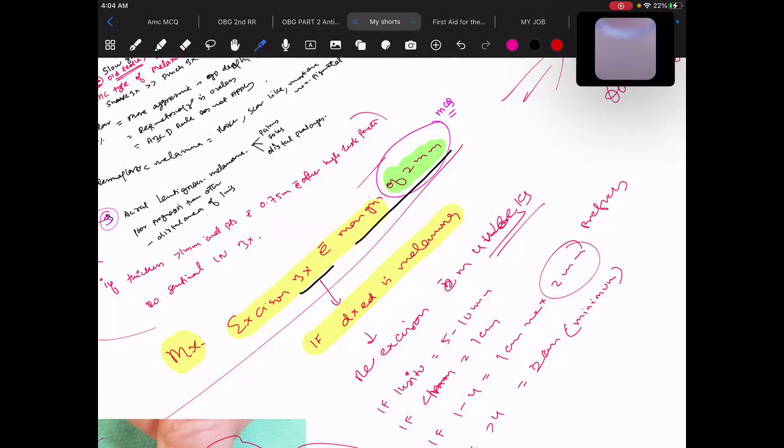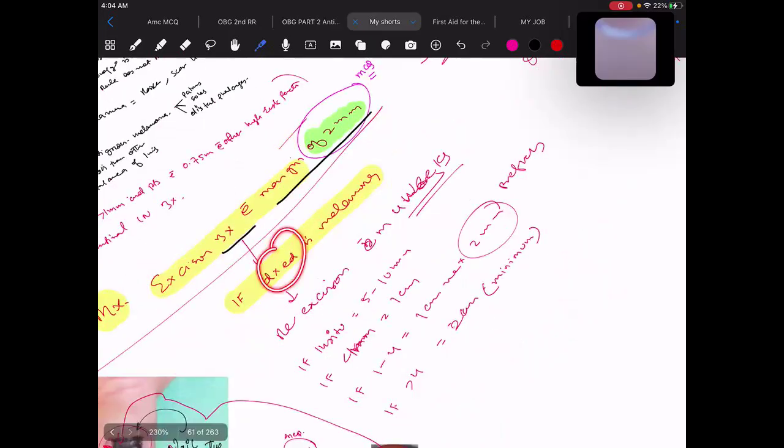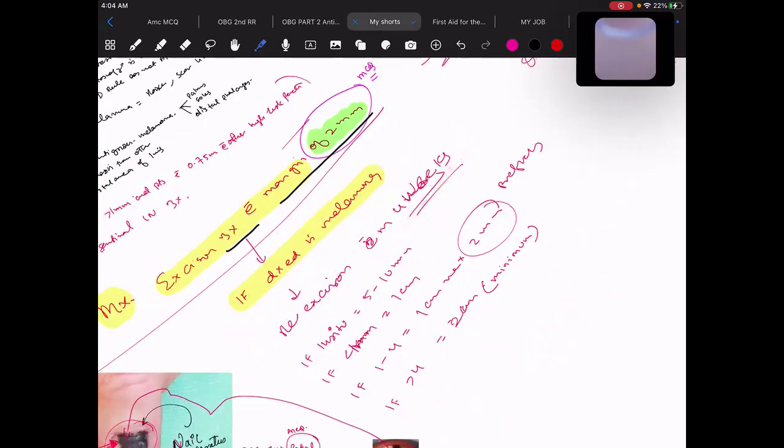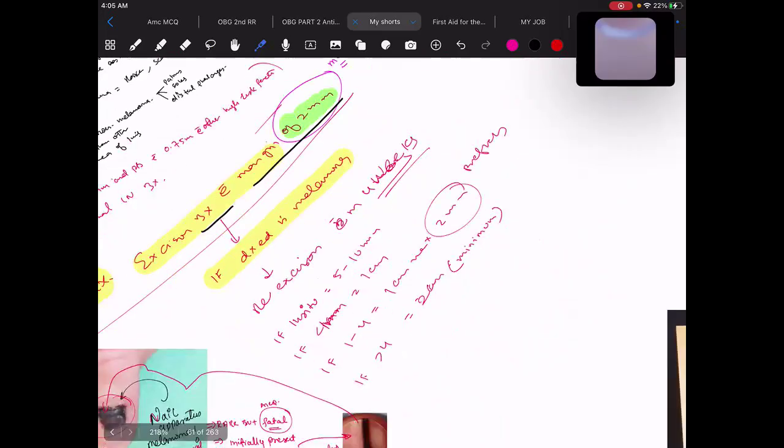Now, once we took the biopsy for the diagnosis, and we are now sure that yes, this is a melanoma, we have to do the re-excision within 4 weeks, depending on the thickness involved by this melanoma.